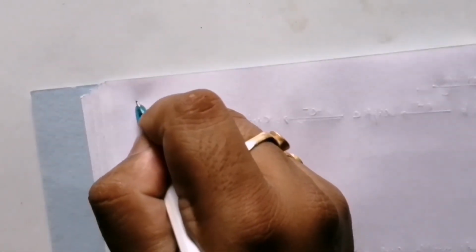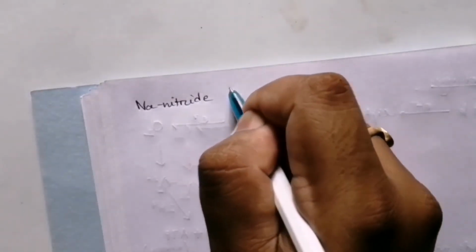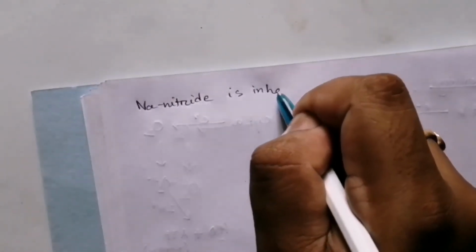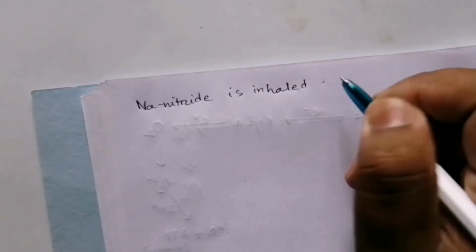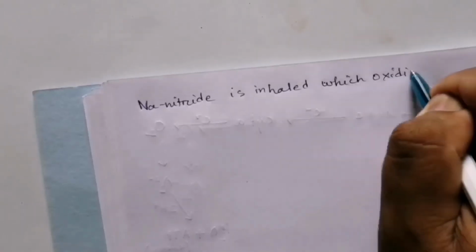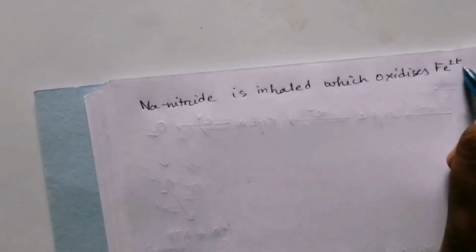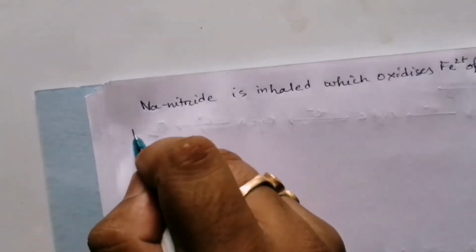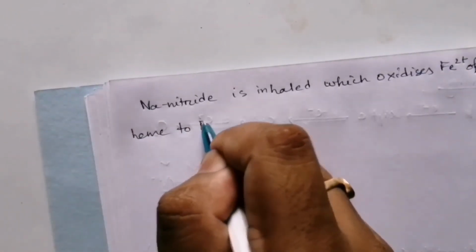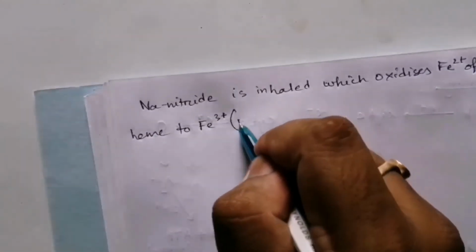So in order to overcome this problem, a solution of sodium nitrite is inhaled, which oxidizes the ferrous center of heme to Fe3 plus, that is methemoglobin.